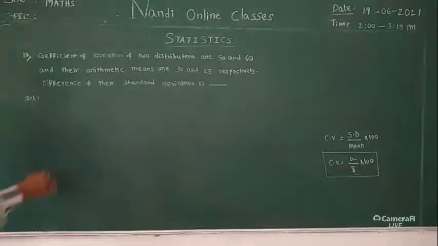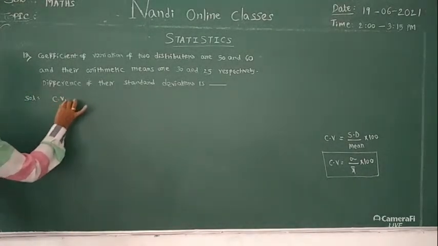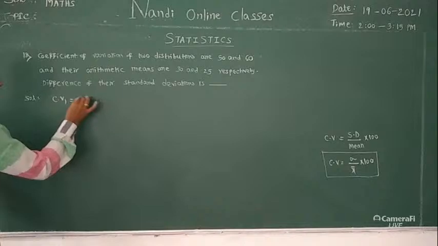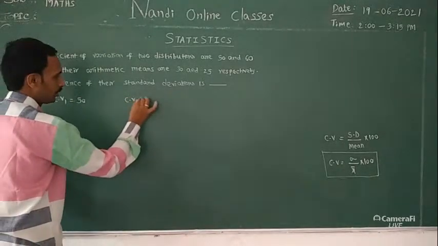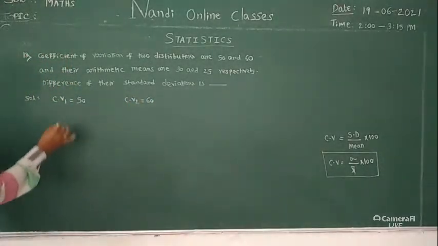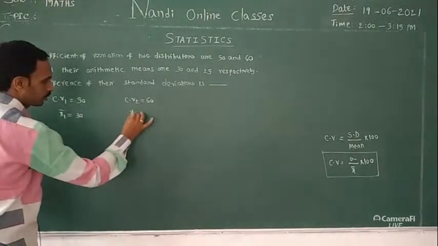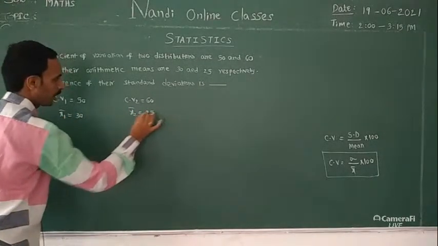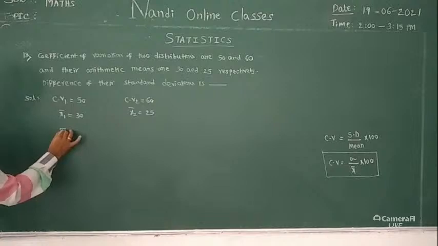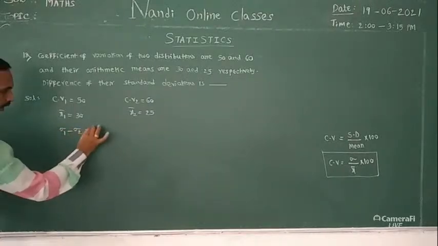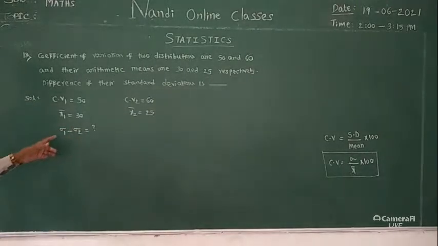First write the data. CV1 is equal to 50, CV2 is equal to 60. Arithmetic means x1 bar is equal to 30, x2 bar is equal to 25. I am going to find sigma 1 minus sigma 2 is equal to question mark.